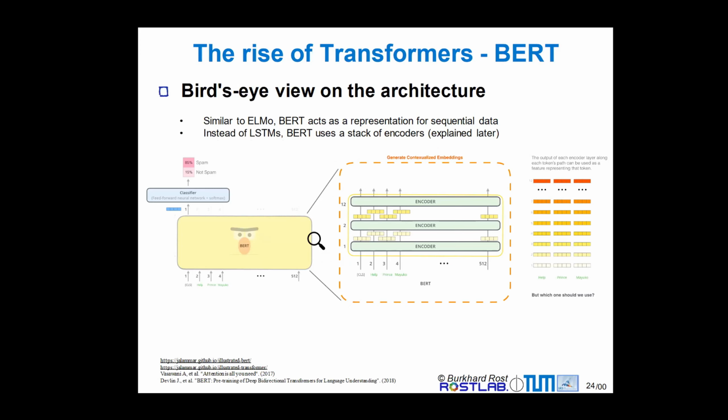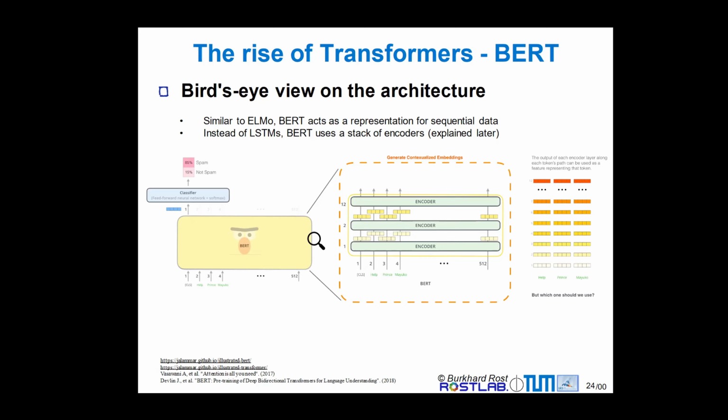Let's just look at it from a very bird's eye view, high level perspective. Similar to ELMo, if you see it as a black box, BERT also acts as a model that allows you to represent your data. For an input protein sequence, it spits out some vectors that are readily machine readable. So this is the very high level picture.